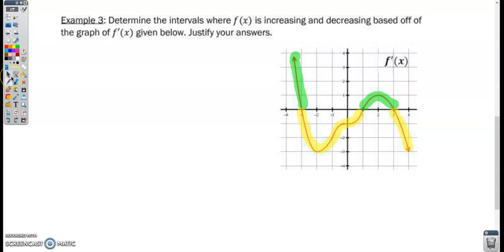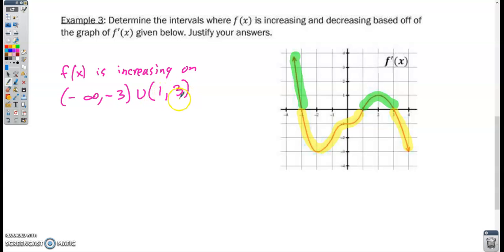So I can just read directly from the graph: f of x is increasing from -infinity up to -3, and from 1 to 3, because f prime is greater than 0 on those intervals.